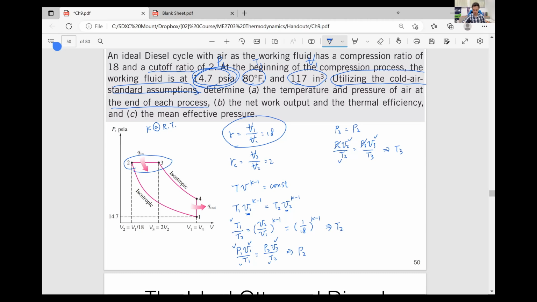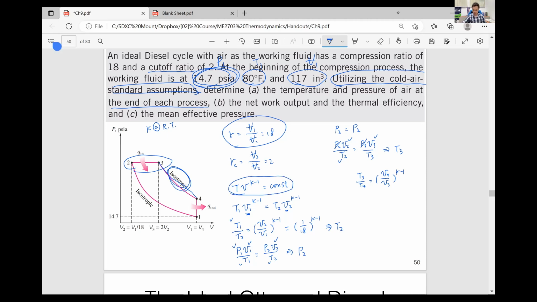Then again, 3 to 4 is an isentropic process. So we can use T3 over T4 equals V4 over V3 to the K minus 1. So we are still using this relation.